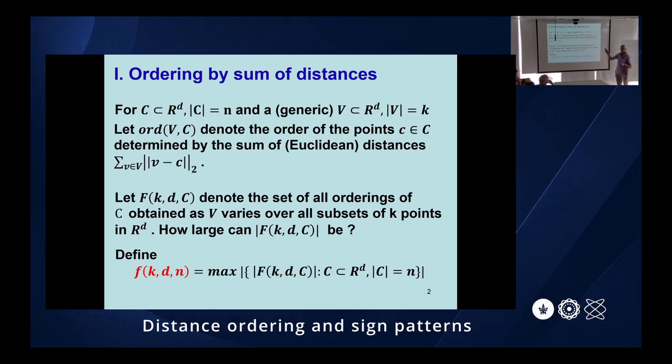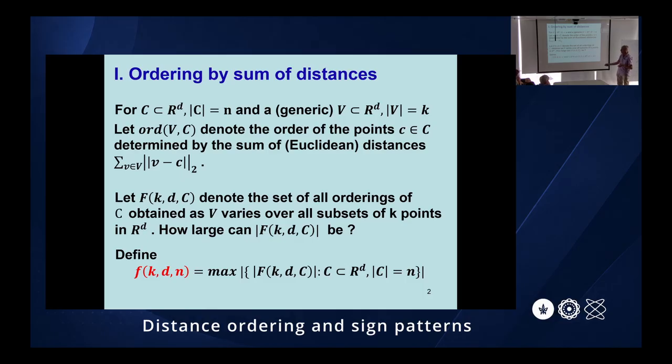By generic I mean that we don't want to bother about cases of equality, so we never have equality between two such sums of distances.